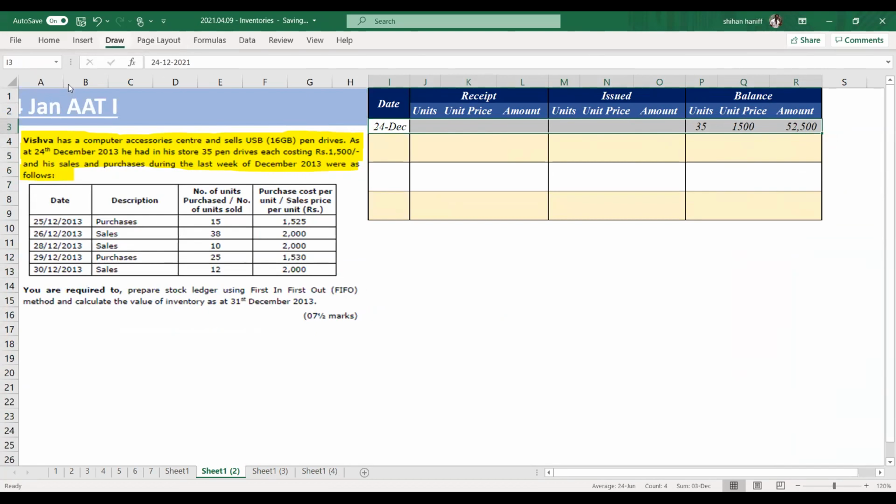Then let's do the transactions one by one. 25th December.